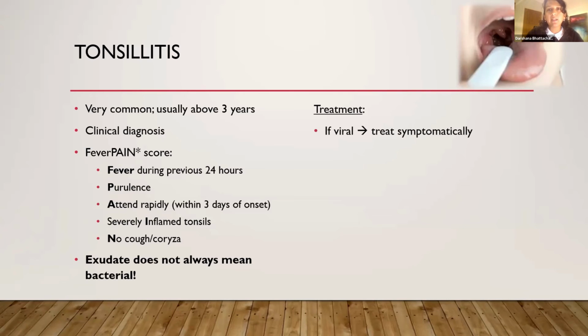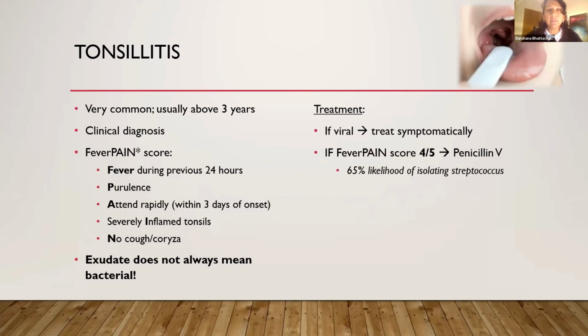So treatment-wise, if it's viral, which again, may well be indicated by how the child presents or by your fever pain score, you can treat them symptomatically. So pain relief, paracetamol, ibuprofen, throat spray, if the child is able to take it, like Difflam, plenty of fluids, that's the best way to go.